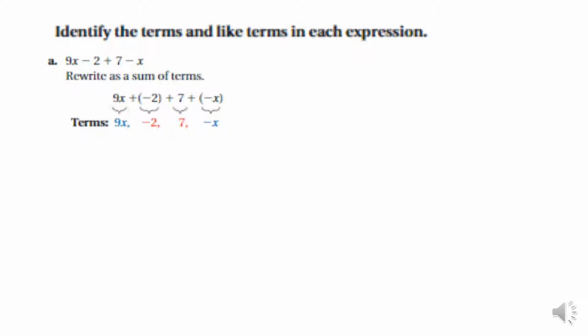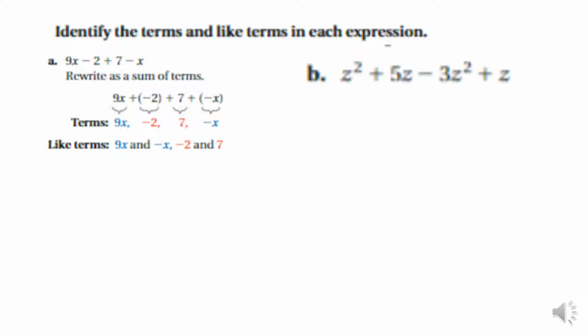With the red and the blue, we're starting to connect which terms are like each other. Bam! The like terms are the 9x and the negative x. They're both x's. In red, we've got the negative 2 and the 7. Just good old regular numbers that we've known about for a long time now. Technically, I would say they are integers, constants, stuff like that. But just look at the colors there. Boom. X's over here, numbers over there.